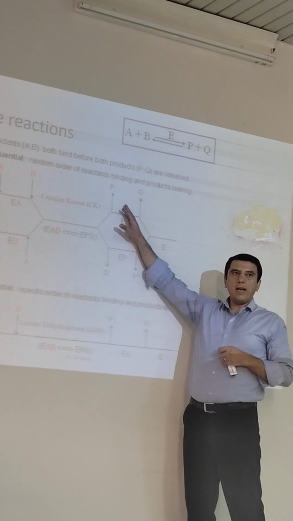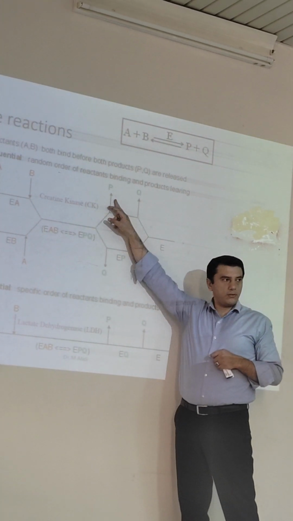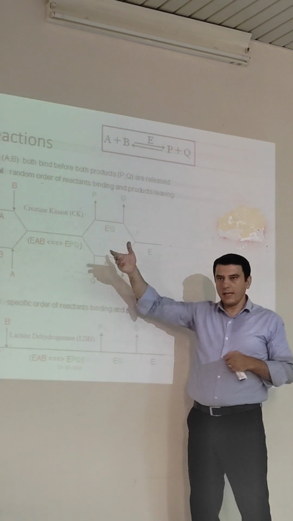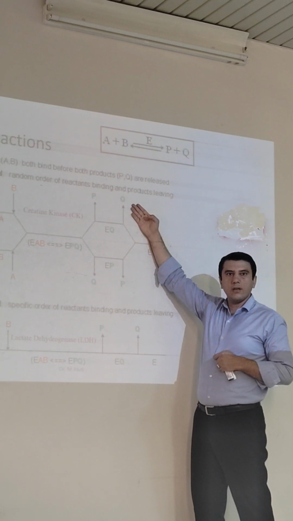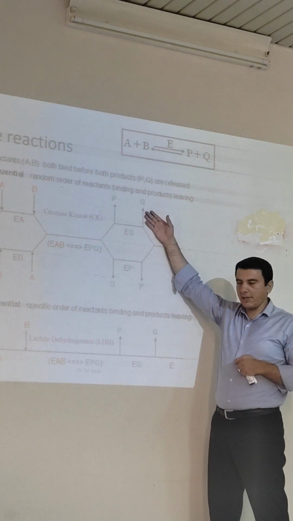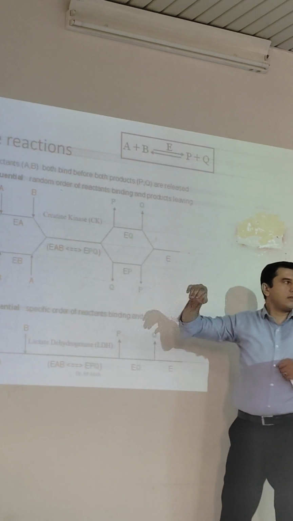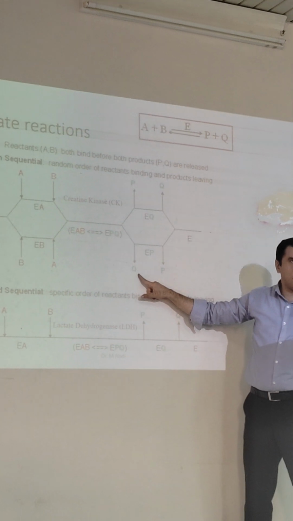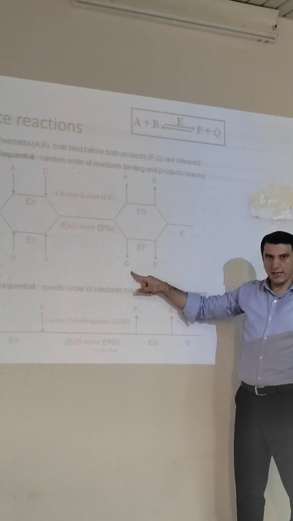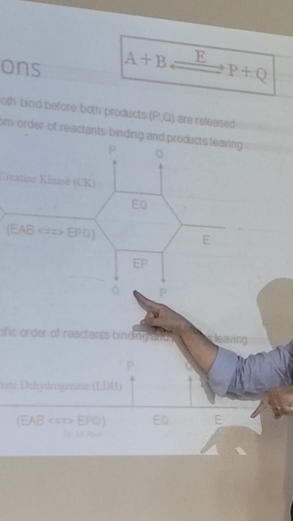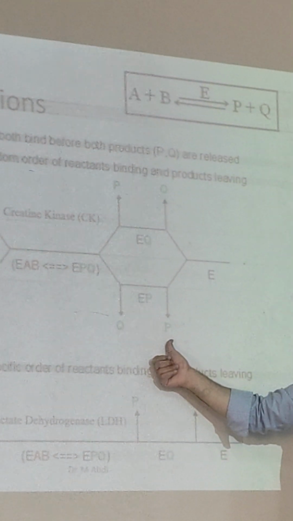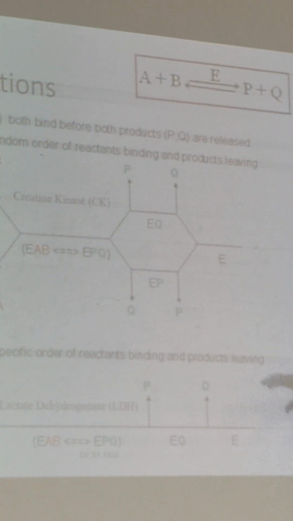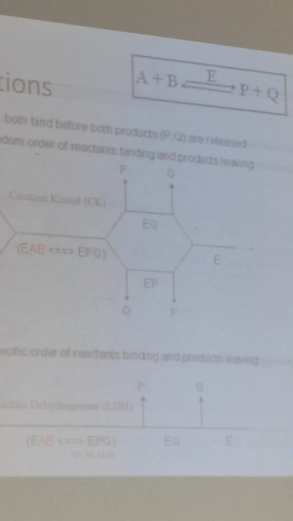For example, at one side, P could be the first product that exits the active site, then Q will be the second product, and at the next option, Q could be the first product that exits the active site, and then P will exit next. So this is the random sequential mechanism.